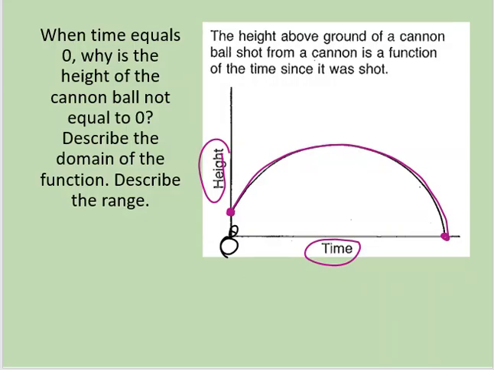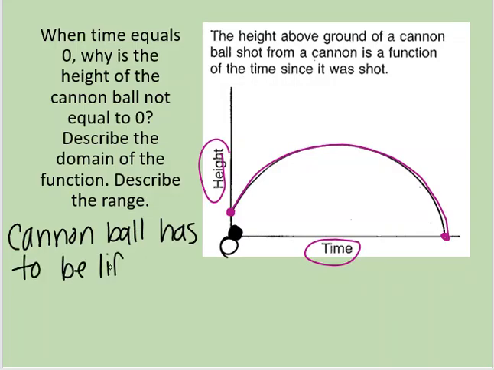Why isn't the cannonball starting down here? Well, that's because the cannonball has to be lifted up and then placed into the cannon, right? When you shoot a cannonball, it's not on the ground, it's inside that cannon. So that's why it's not at 0 on the ground.